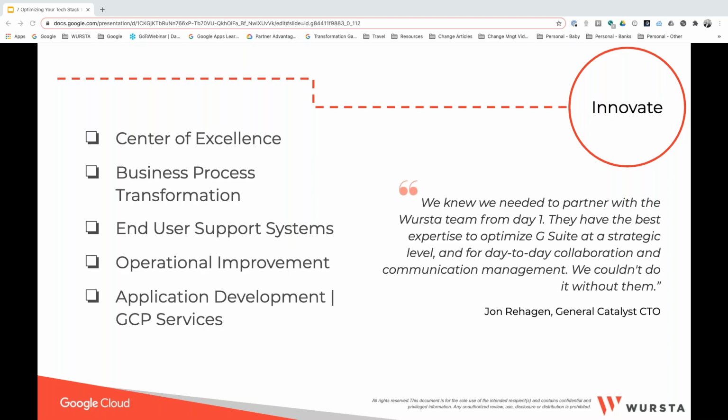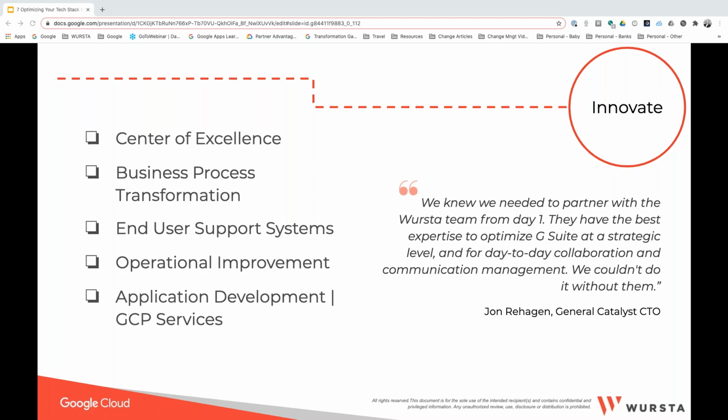Meaning we have experience helping customers reinvent the way they deliver end user support by leveraging the intuitive G Suite experience and standing up more of a self-service support type system, all the way to the other extreme, where our support services team can partner with your organization, offering managed cloud, basically being a managed services provider to help offer support to your end users. To operational improvement with our managed cloud services, that really ties a lot of what we talked about all together, right?